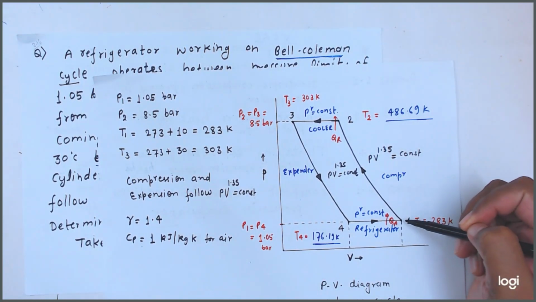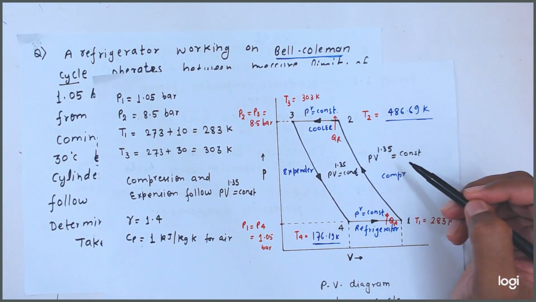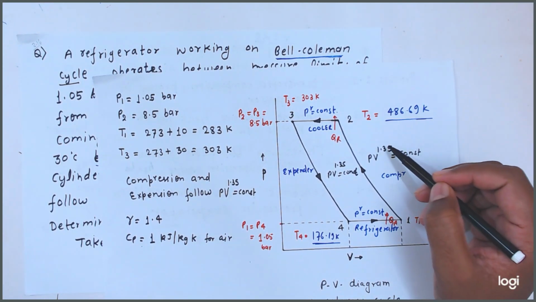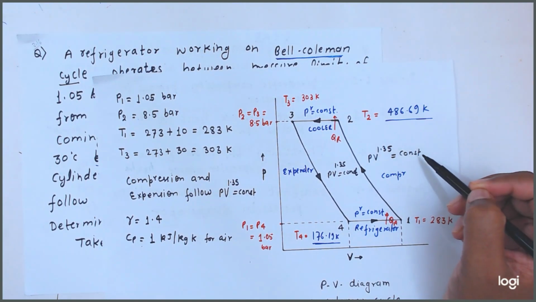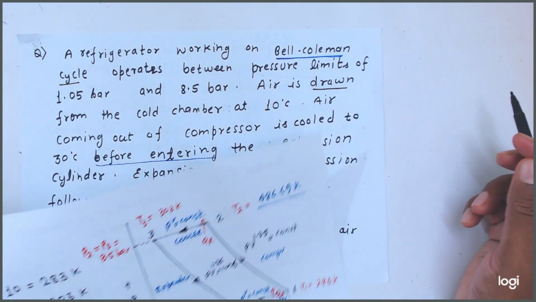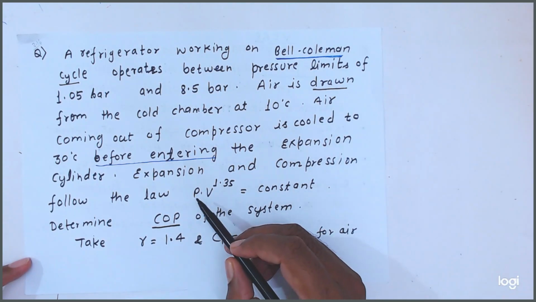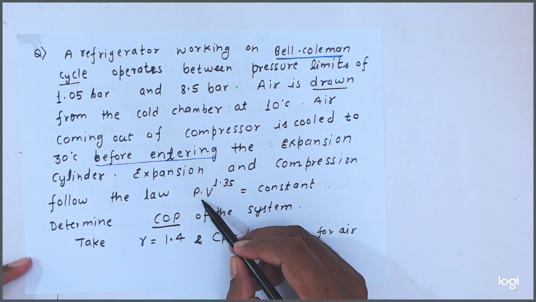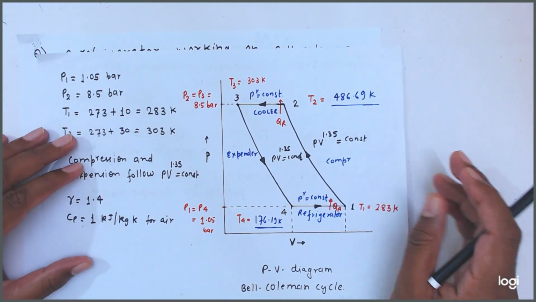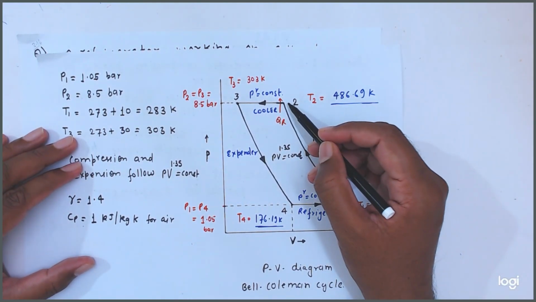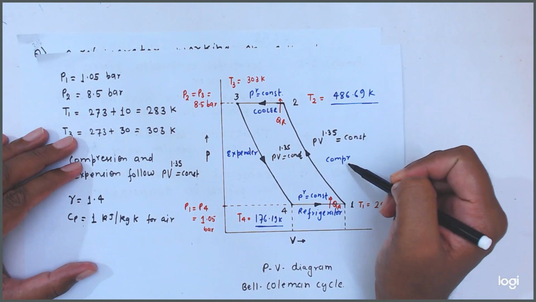Friends, the process 1 to 2 is the process in the compressor. It is following PV to the power 1.35 equal to constant, because here it has been given that compression and expansion follow PV to the power 1.35 equal to constant. So this is the compression process in the compressor.